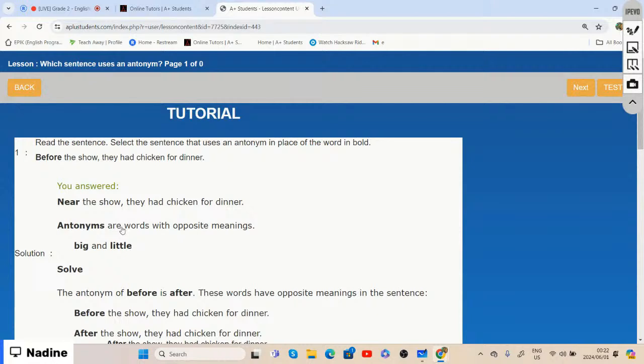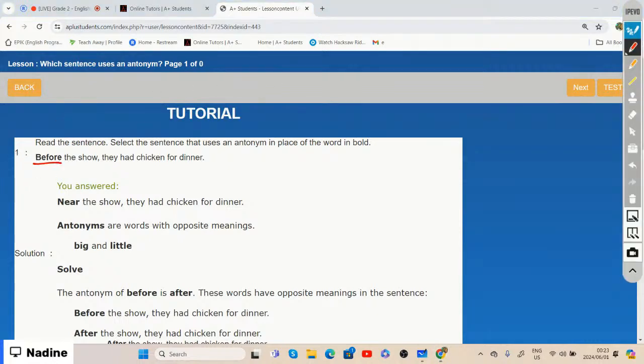So before, what is the opposite of that word before?